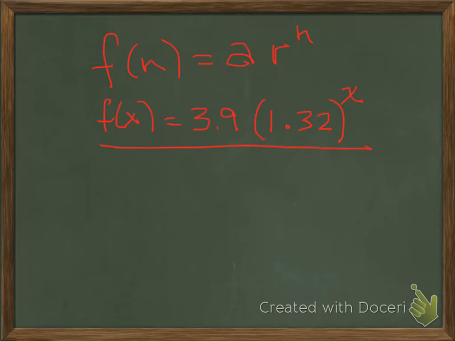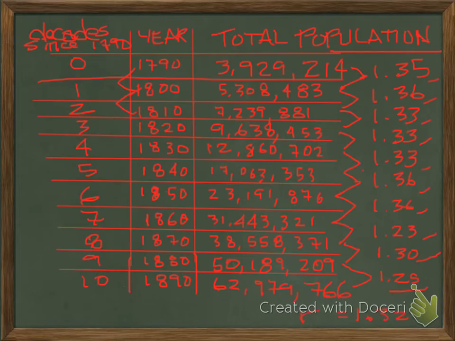So at this point, what I want you to do is go to your calculator's statistics menu and type this previous table. For x, use the decades since, so 0, 1, 2, 3, and so on. And for the y values, maybe you put those in list 2, let's use our population rounded to the nearest tenth of a million. So 3.9 million, 5.3 million, 7.2 million, 9.6, 12.9 looks like, and so forth.